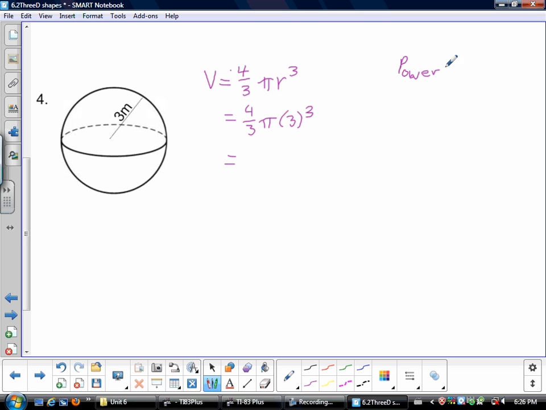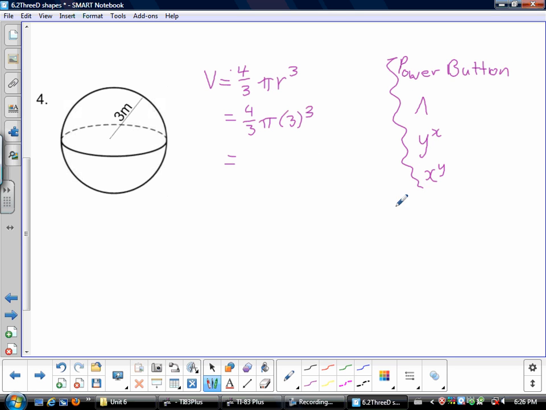So your power button will be either this on my graphing calculator, on some scientific calculators it is this, and on some calculators it's this. Okay, so it'll look like one of those.